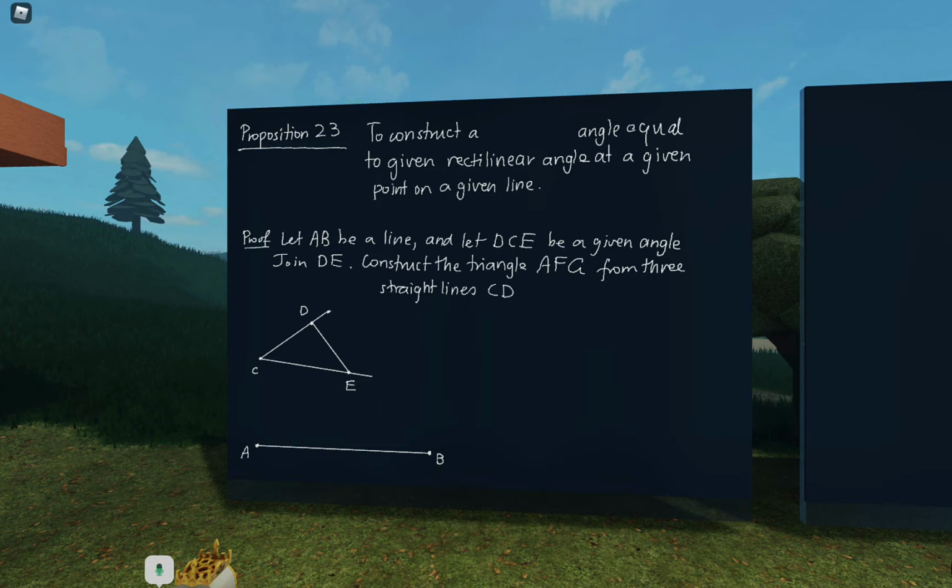And the lines we're going to choose are CD, DE, and CE. Now, they of course satisfy the constraints because they're already in a triangle, but the whole point is that actually we're using a little bit more than what proposition 22 gave us, or at least the statement of proposition 22.